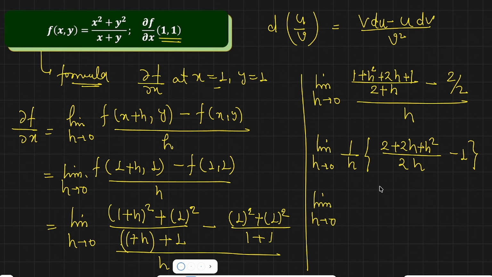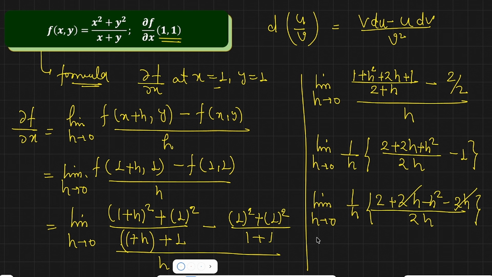How to simplify the denominator? Can you take it like this: 2 plus 2h minus h square minus 2h? Taking the LCM, this and this will get cancelled. So it will be limit h tending to 0, 1 by h, now 2 minus h square upon 2h.